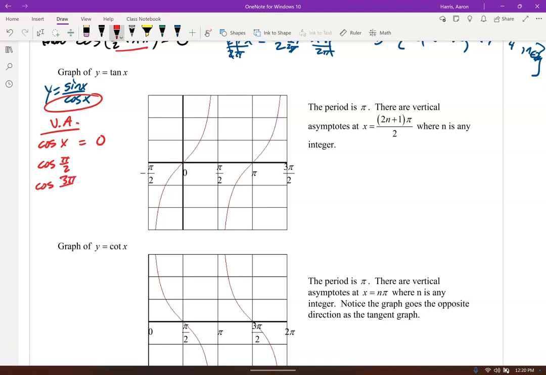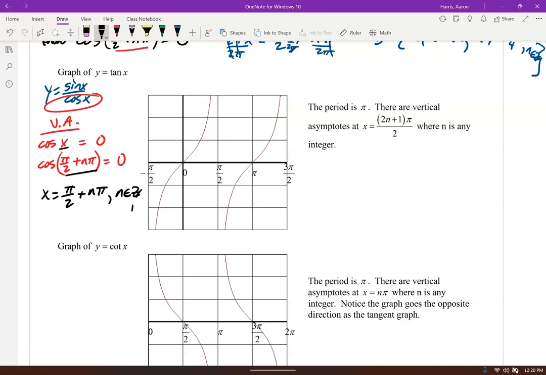We know cosine of 3 pi halves is 0, cosine of 5 pi halves, and so on, right? So to generalize that, if I just add n pi, where n is any integer, this will be true. And so all our vertical asymptotes will be at pi halves plus n pi. Again, n is an integer, right?